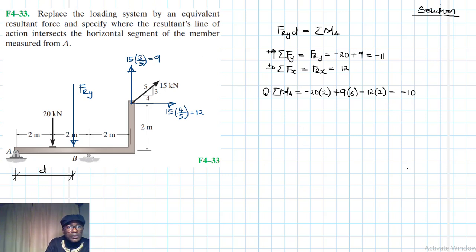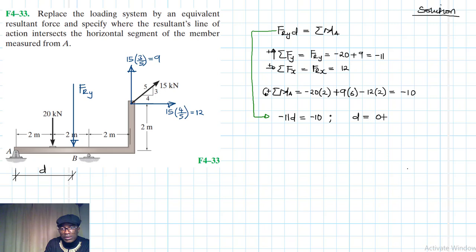Right. So using this equation, we know that our FRY, we found it as negative 11, times D equal to summation of moments about point A, which is just equal to negative 10. Therefore, our D is just going to be equal to 10 divided by 11.